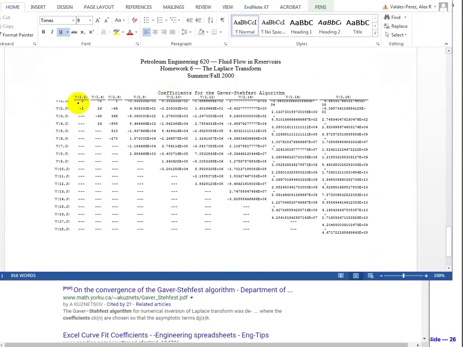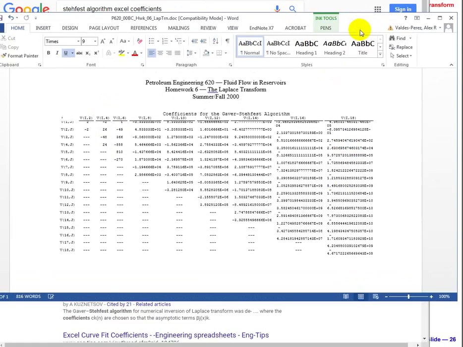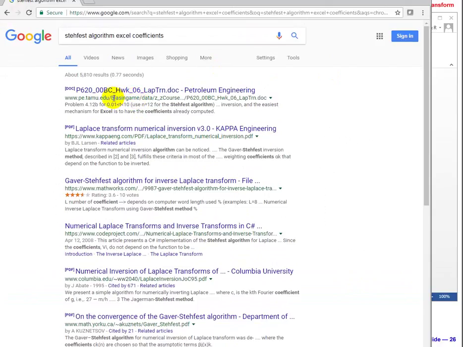And these V coefficients are already computed here. So if you are going to use two terms, these are the coefficients. Four terms, these are the coefficients. Six terms, and so on. Somebody, I'm not going to say who, already did that.